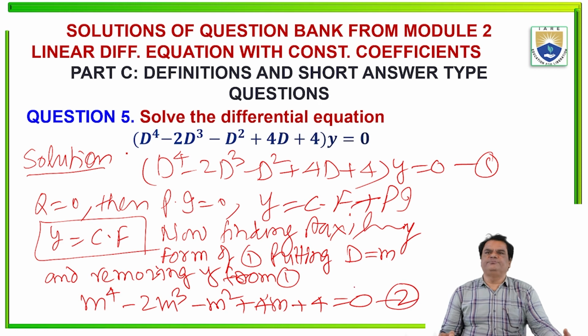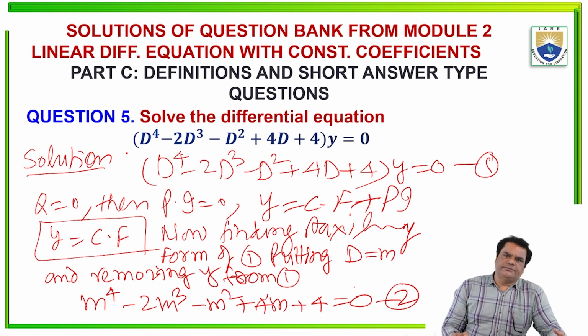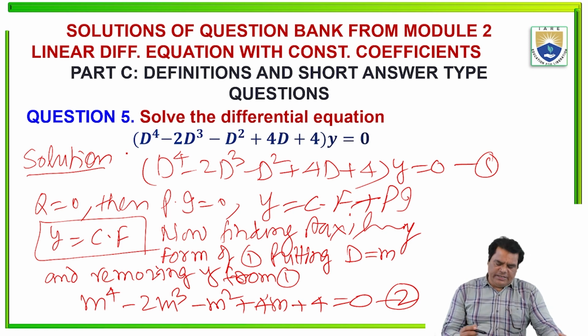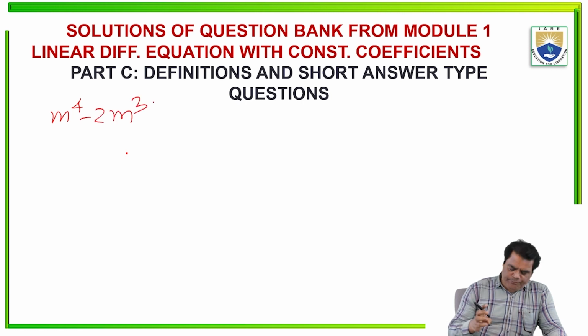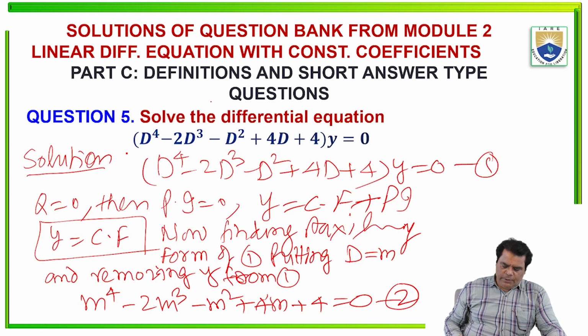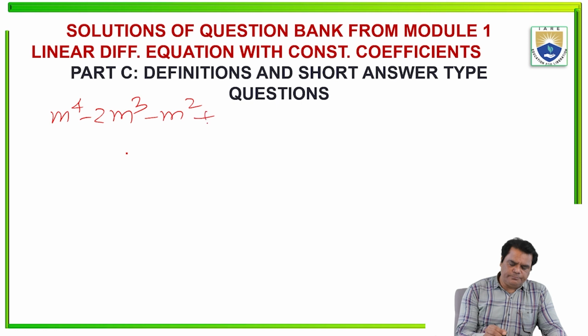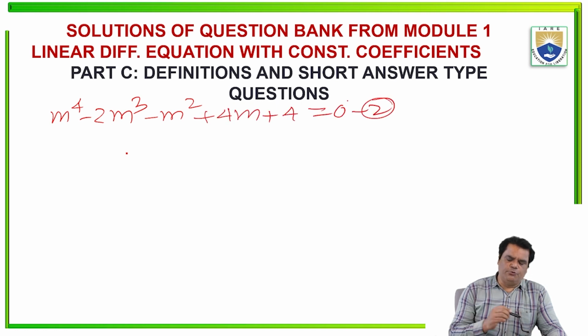This is equation 2. Now factorizing this. How can we factorize this here? Next, m4 minus 2m cube minus m square plus 4m plus 4, this equal to 0, equation 2.